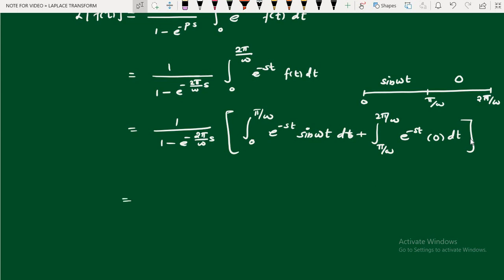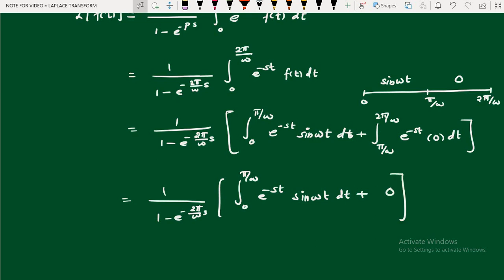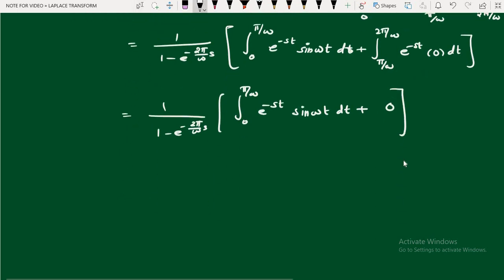Therefore we get 1 by 1 minus e power minus 2 pi by omega s times the integral from 0 to pi by omega of e power minus st sine omega t dt. We have only this term, because 0 into anything is 0, and the integration of 0 is also 0. So the second term vanished, and we are left with only one term. That's why this problem we can solve simply.